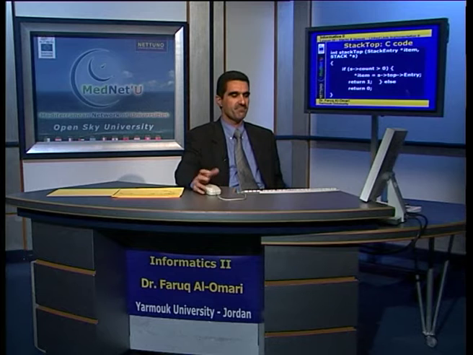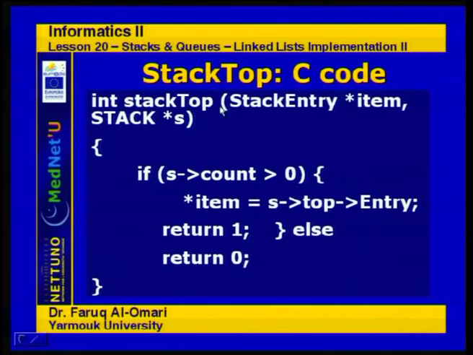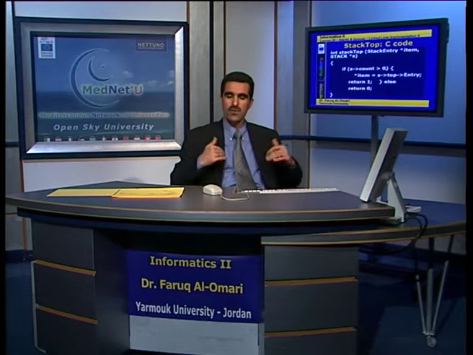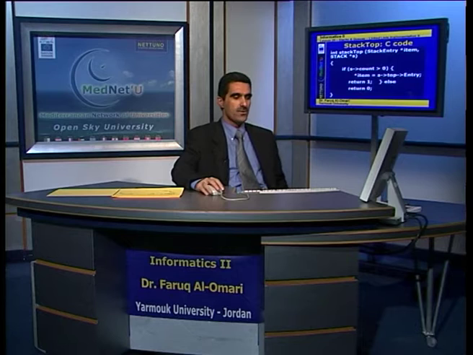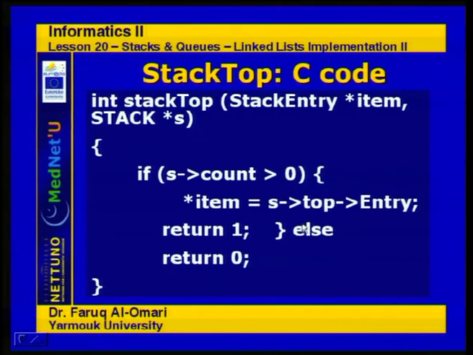Here's the code for it. Very simple, straightforward. Here's the definition of the function. What I'm saying in here is if count greater than 0, that means I have entries in there, then you can copy. Otherwise, return 0. True? So in the if clause, I have these statements from here to here. Take whatever entry pointed by top.